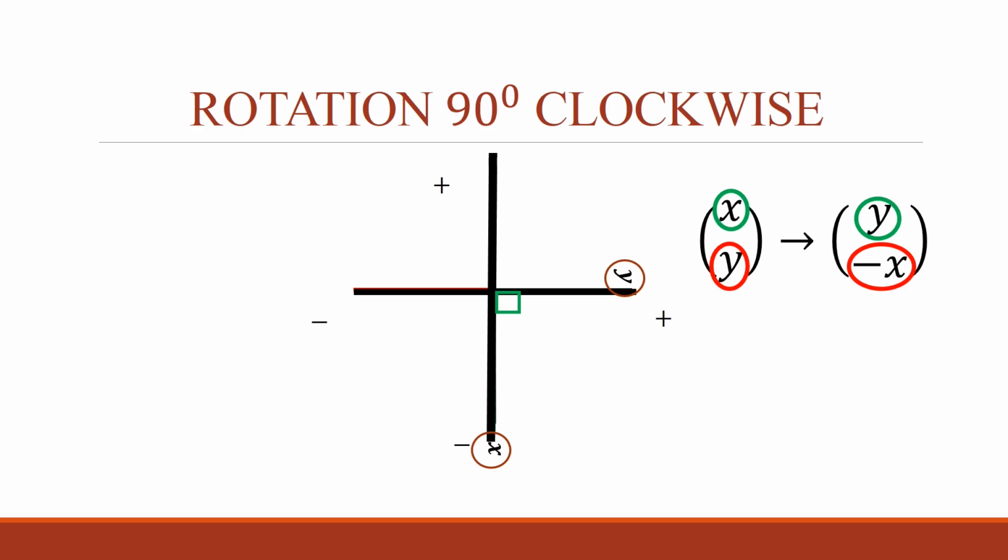And this x value appeared on the negative side of the y-axis. That is why we have negative x. So this also means that in rotation 90 degrees clockwise, the x moves down and is negated, whilst the y moves up. This can also be written as a point, that is (x, y) mapping to (y, -x).